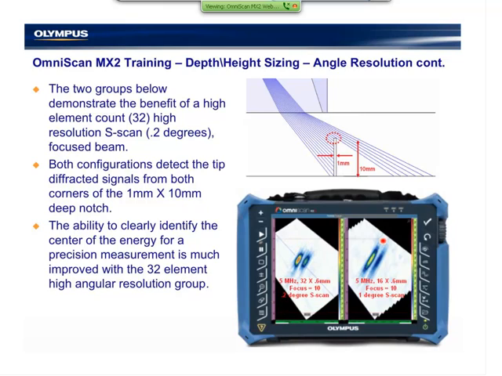We can see how much clearer and sharper the indication appears. The two indications you see here are the leading edge tip and trailing edge tip diffracted signals from the notch. My ability to place a cursor accurately at the center of the energy is greatly improved compared to the same 5 megahertz probe with fewer elements, using a 1-degree sector scan. And again, this also demonstrates the benefit of a 32 pulsar instrument as well.